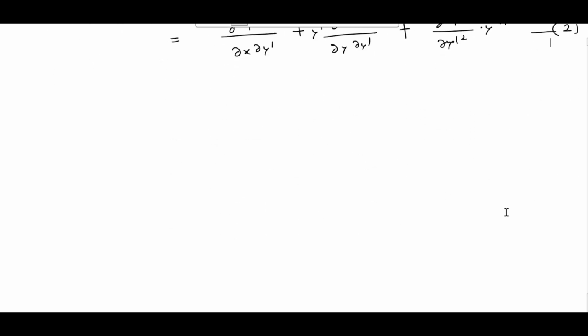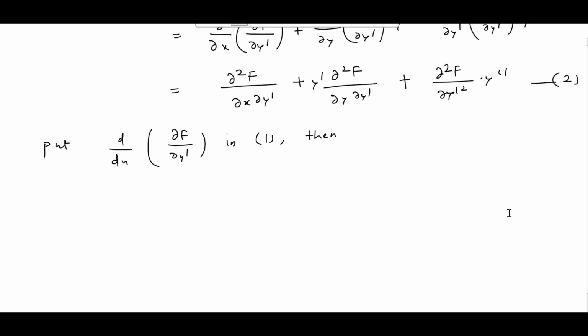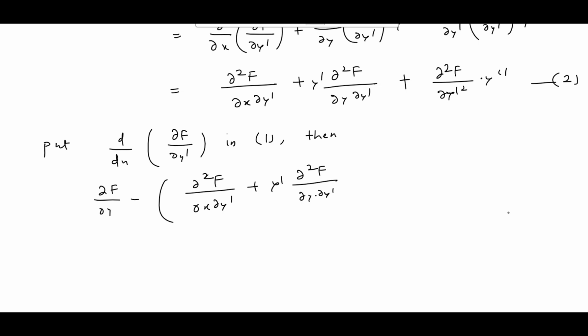So now substitute the value of d over dx of del f over del y dash in 1, then it will become del f over del y negative del square f over del x del y dash plus y dash del square f over del y dash plus y double dash del square f over del y dash whole square is equal to 0.